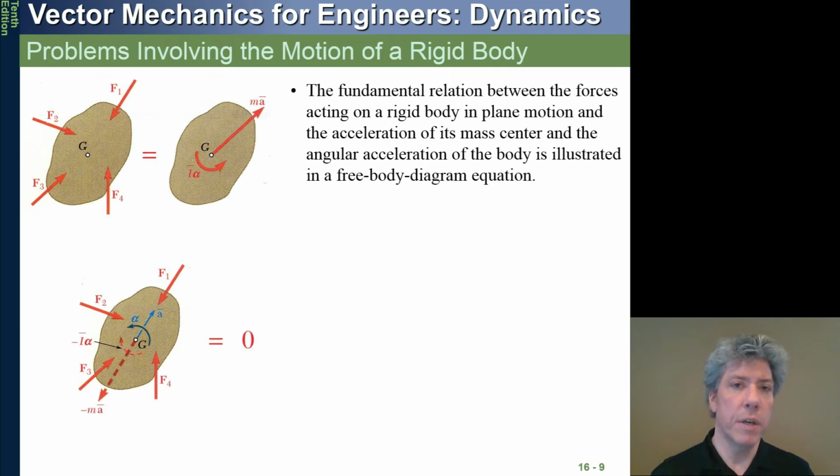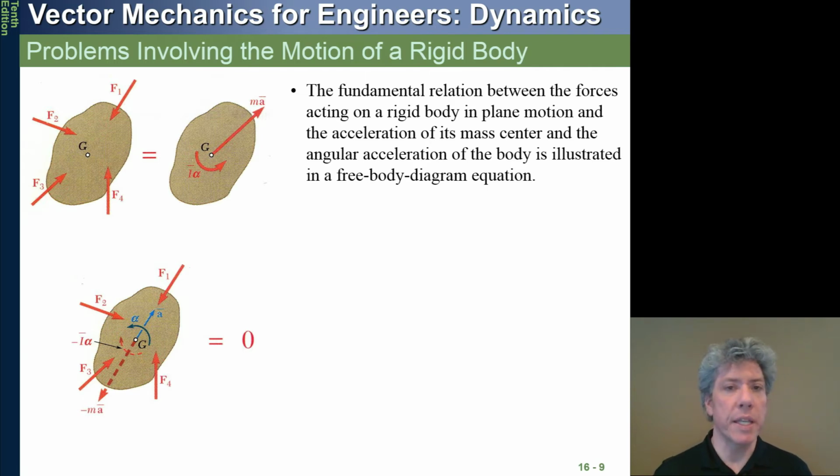In the lower figure, what we've done is we've said, let's move that mass times acceleration to the other side, and now notice that the items in blue, the angular acceleration and the linear acceleration, both of those items in blue are the items from the right-hand side of the equation.